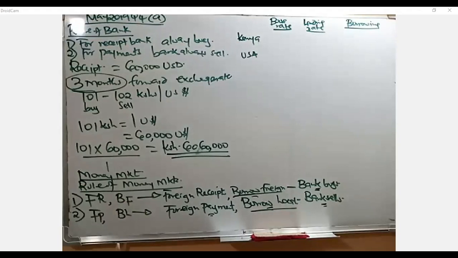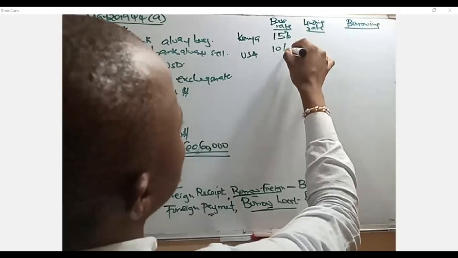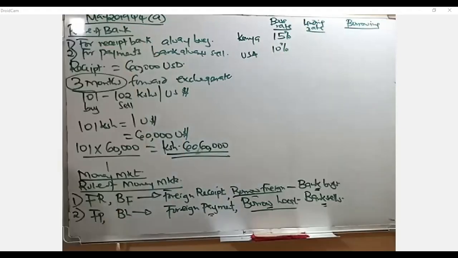In note number 2, you have been told the bank base rate in Kenya and the USA is 15 and 10. So here we talk about 15% and 10%. In the concept, I will be able to show you why we are considering the percentages or the rates, whereas we are doing the money market and you understand the concept of borrowing and buying. That is not the issue.